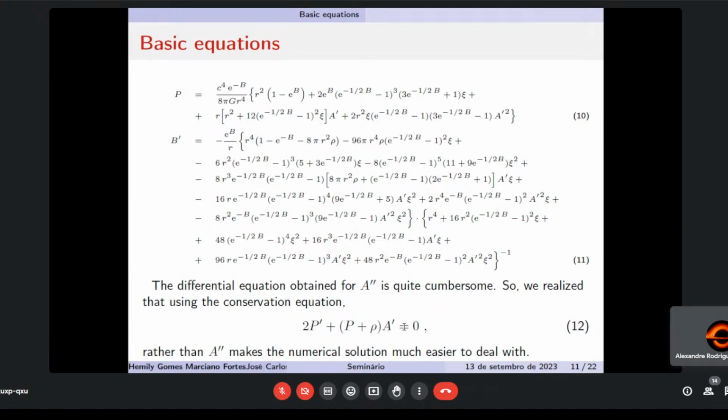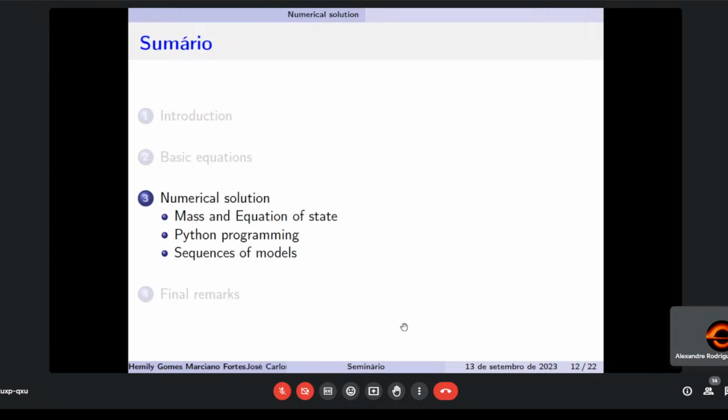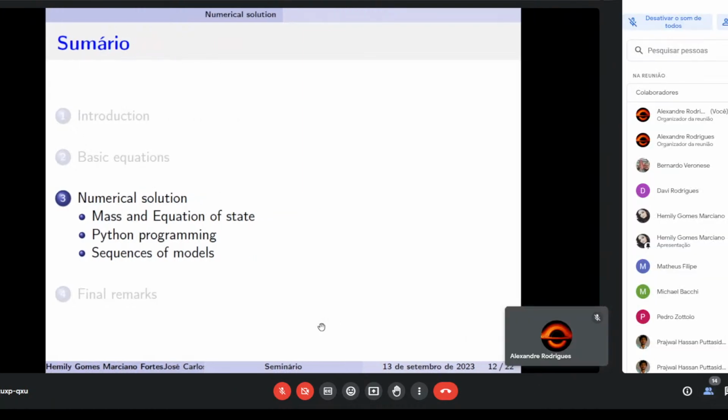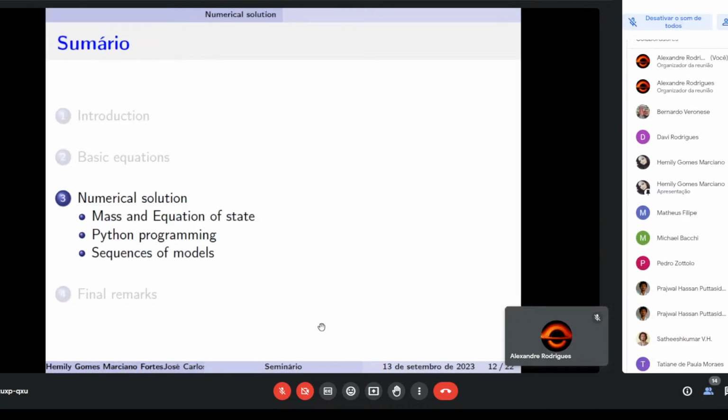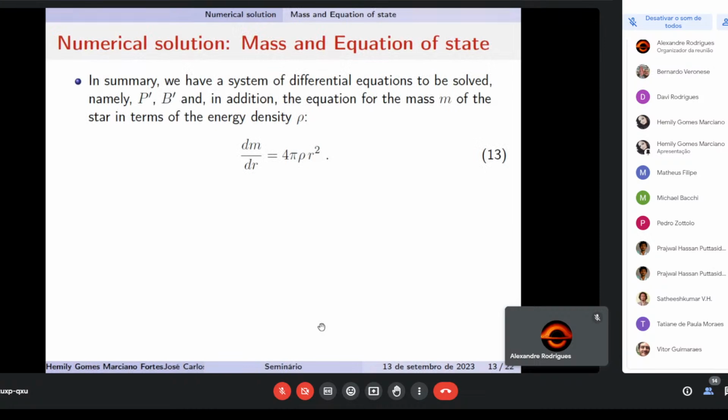Okay, so we have a system of differential equations, and now I'm going to present how to deal with these equations and how we obtained the results from that.